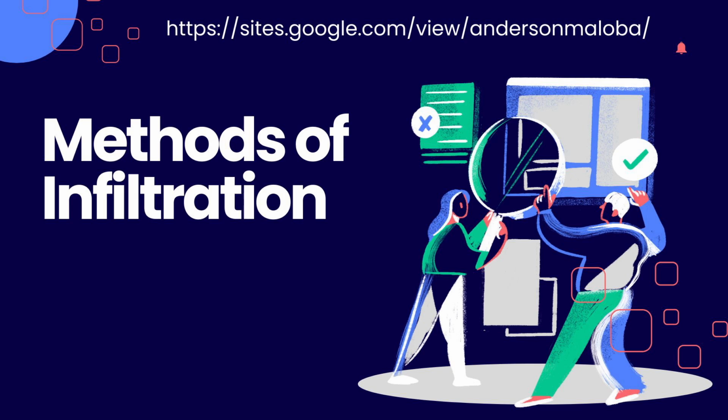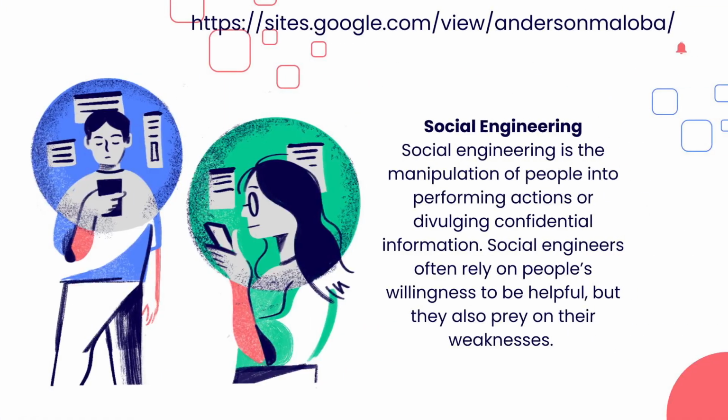The first method that we're going to look at is something we call social engineering. Social engineering is the manipulation of people into performing a certain action.